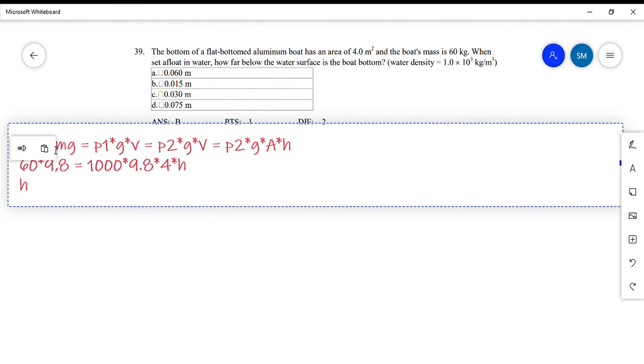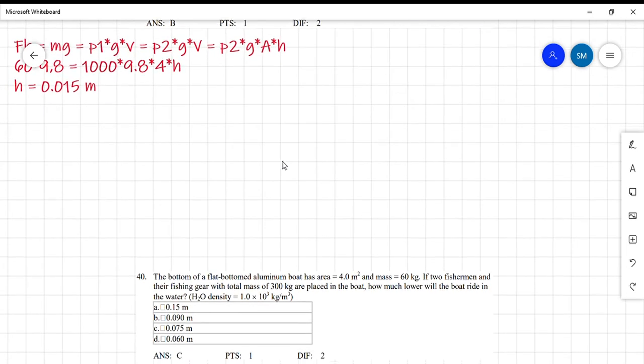So you will solve this by the calculator or manually. Anyway, you will find that h is equal to 0.015 meter. So the answer is B.